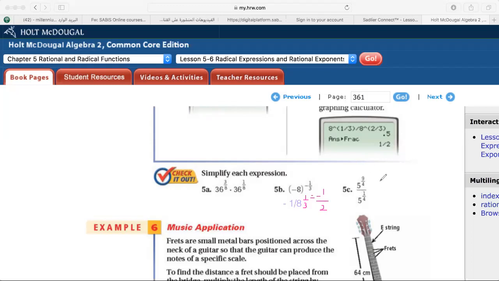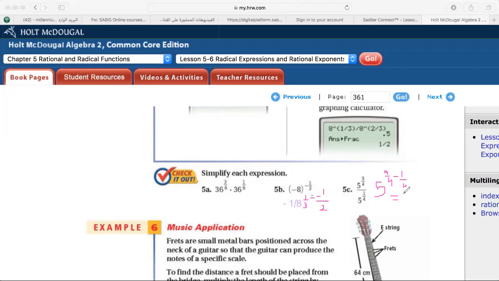Okay, 5c, I have here dividing the same bases. So I'm going to write 5 to the exponent 9 over 4 minus 1 over 4, because I will subtract the exponents.